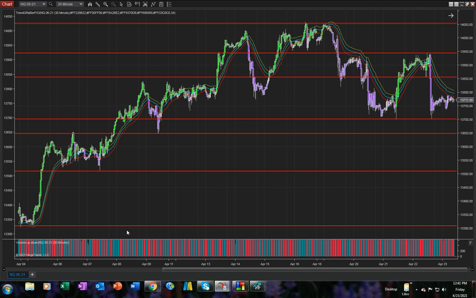What I'm seeing, when I'm formulating a bit of a trade plan, is that if we get short and break through here, I know we can probably get to here. If it kept going and broke through that, with lots of momentum, we could easily get to here. Maybe then it bounces and we could see buying.